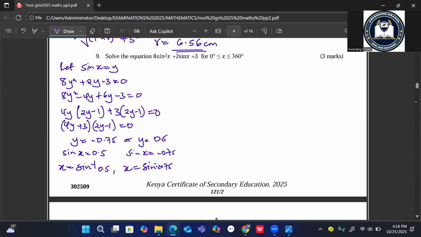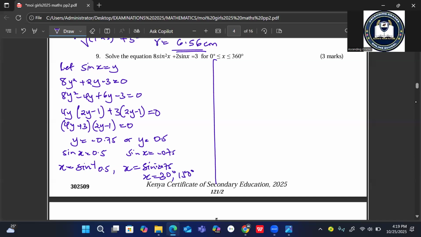So our values of x are going to be 30 degrees and 150 degrees. We are not yet done, so we go to the next part. Those are the sin inverse of 0.5, so we have x as 30 and 150.